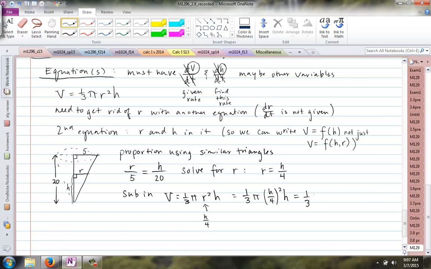Simplify. 1/3 pi, h squared over 4 times 4 is 16, times h. Keep going here. We're going to get pi over 3 times 16 is 48, and then h cubed.